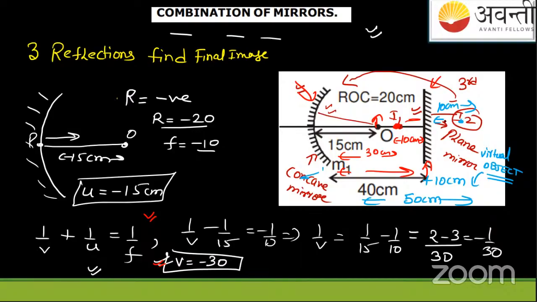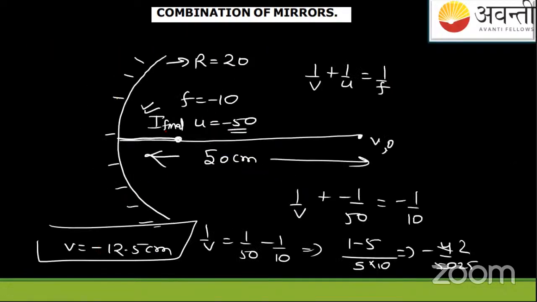Again you get a reflection using the concept of object distance equals image distance, perpendicular from the mirror, 10 centimeter, and you get the second image. This second image acts as a virtual object for the concave mirror again. Then you apply the formula again and you get the final image, which is a real image. The answer of this question is that finally we get the image after 3 reflections at a distance of 12.5 from the pole, or V equals to minus 12.5.